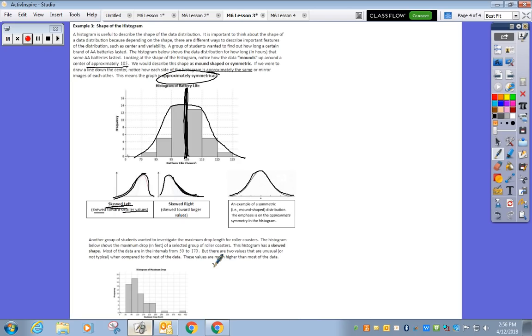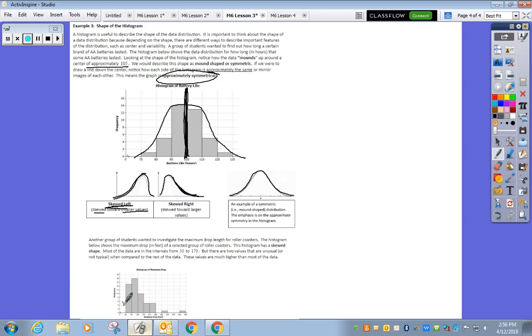Okay, so another group of students wanted to investigate the maximum drop length for roller coasters. The histogram below shows the maximum drop in feet of a selected group of roller coasters. This histogram has a skewed shape. Most of the data intervals are from 50 to 170, but there are two values that are unusual or not typical when compared to the rest of the data. These values are much higher than most of the data.